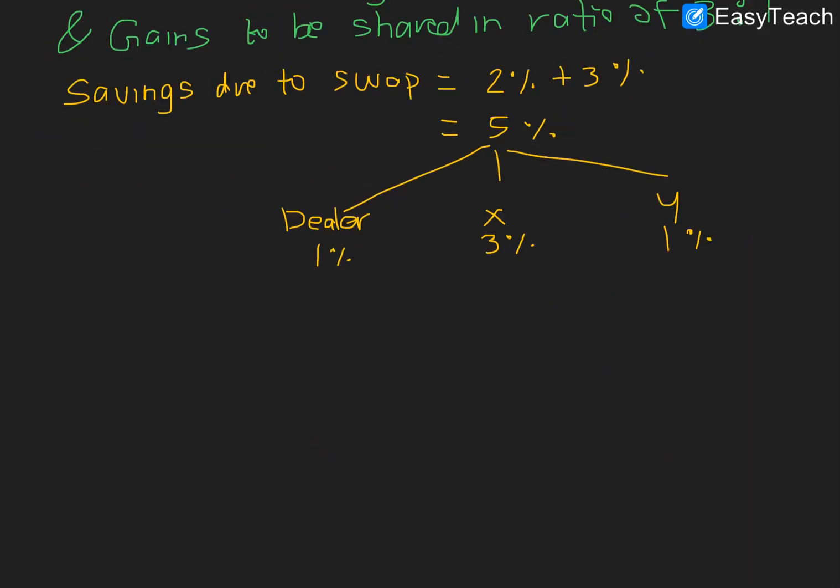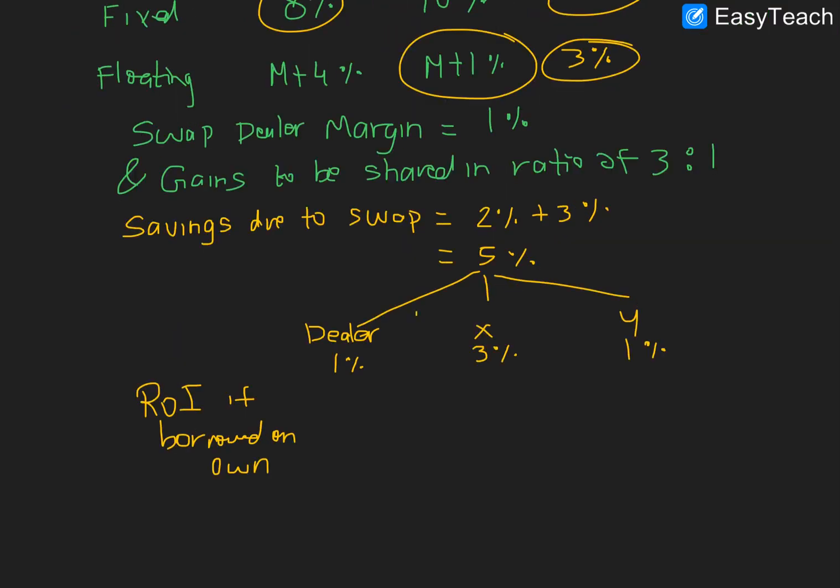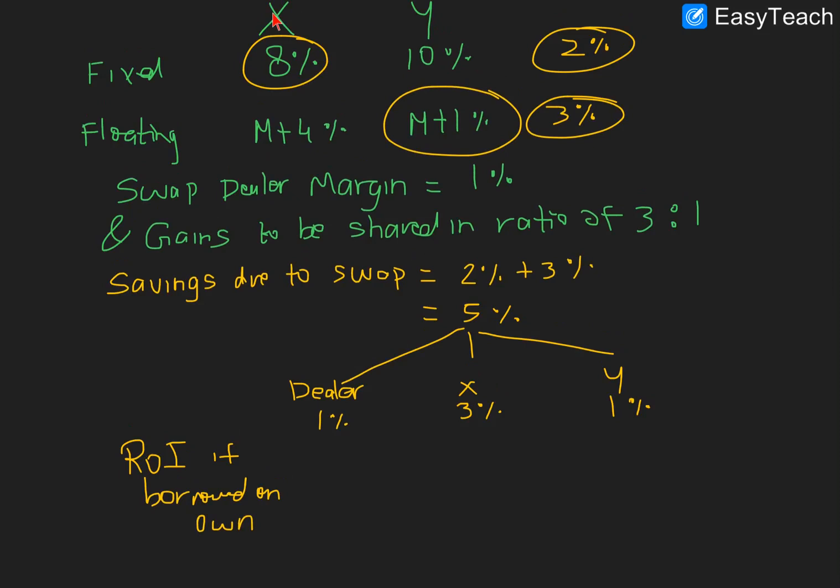Okay, so if I consider that, let's see what should be the rate of interest if borrowed on own. If borrowed on own, what should be the rate of interest? Because we want to say, since X has an advantage of 8% as compared to Y, floating rate wise, if you would have borrowed, that would have cost it M plus 4%.